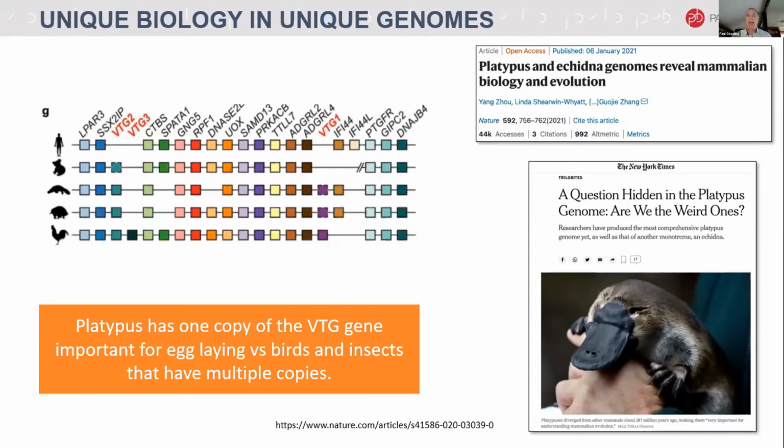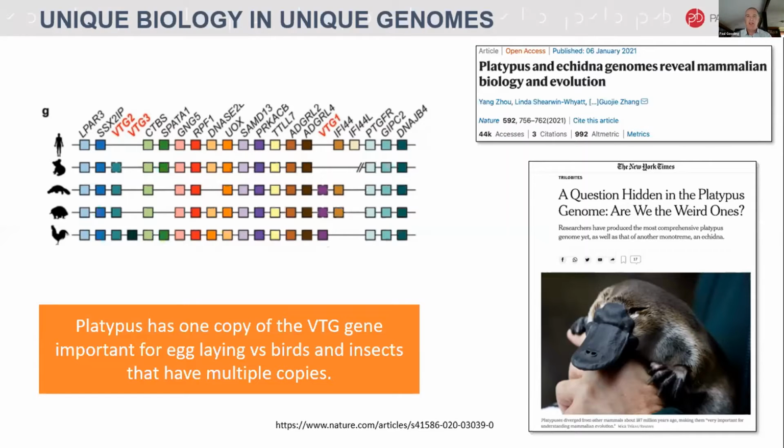Now it turns out that many birds and insects have multiple copies of the vitellogenin gene, and this is involved in the production of egg yolk. Okay, so fundamentally important for this sort of strategy, right? Mammals don't have this gene, but the platypus and echidna genomes have shown that they do have a single copy of this rather than the multiple copies that birds, for example, have.